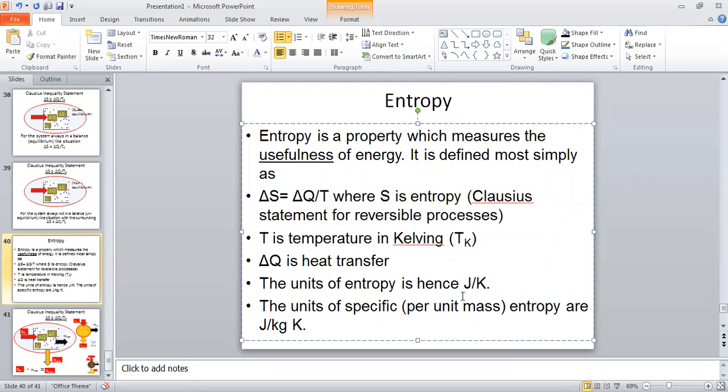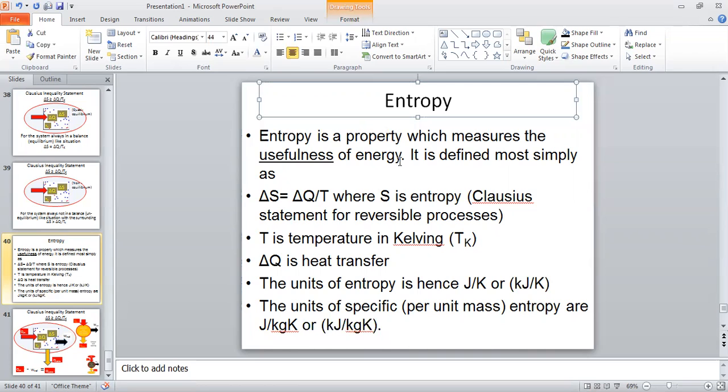Then the unit is joule per kilogram per Kelvin, or kilojoule per kilogram per Kelvin.